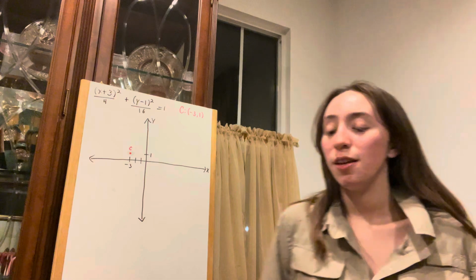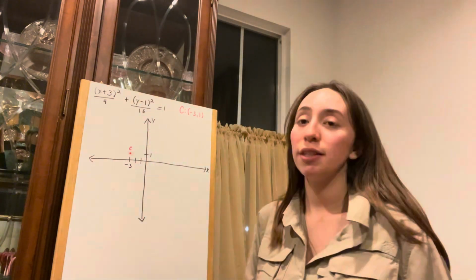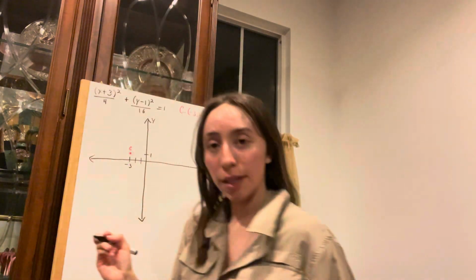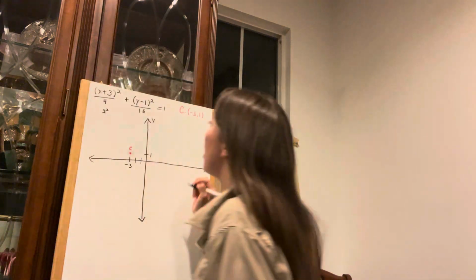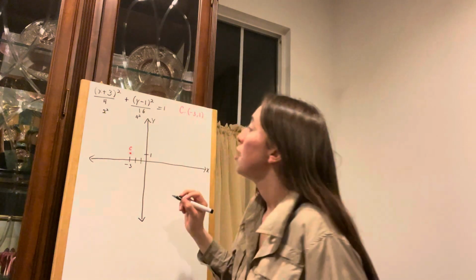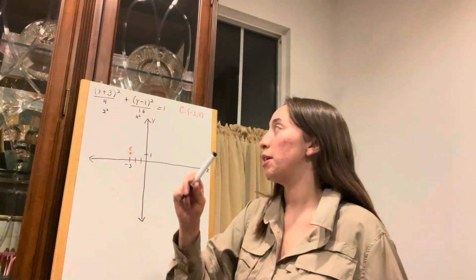So now what we're going to do is look at these denominators and we're going to square them. So we knew that 4 is 2 squared, right? The simplified version. And we know that 16 is 4 squared. So which one of these is larger? 4 squared is.